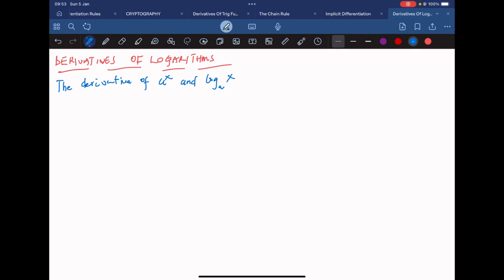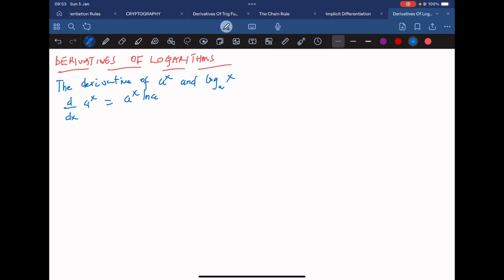So first of all, let's look at the derivatives of a^x and log_a x. Whenever you are told to differentiate a^x, you're always going to end up with the same thing, which is a^x ln a.